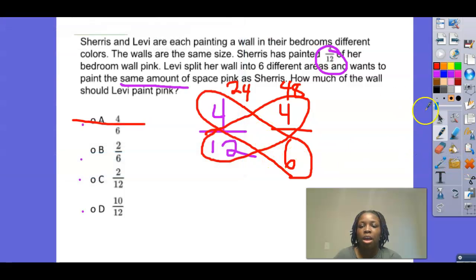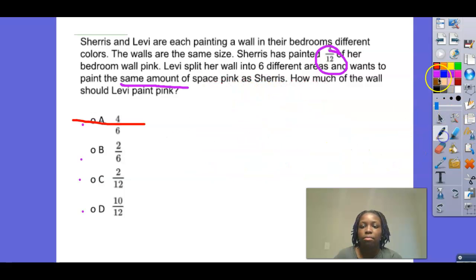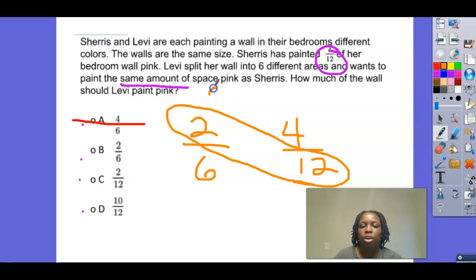All right, so now I'm going to look at 2/6. So 2/6 and 4/12. There you go. 2/6, 4/12. All right, so I'm multiplying first. 12 times 2. What is 12 times 2? Great, 24.